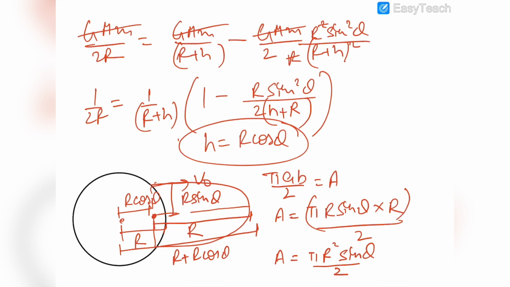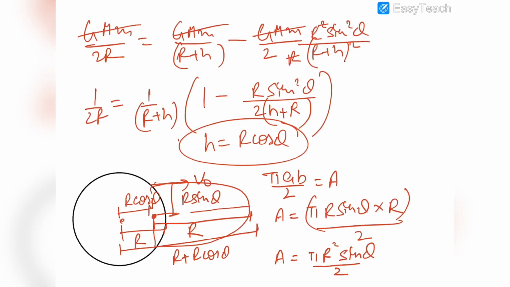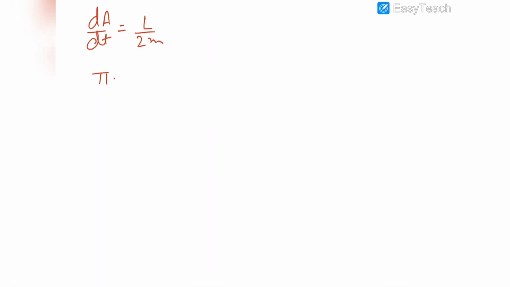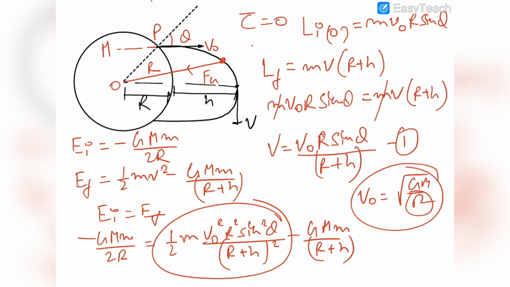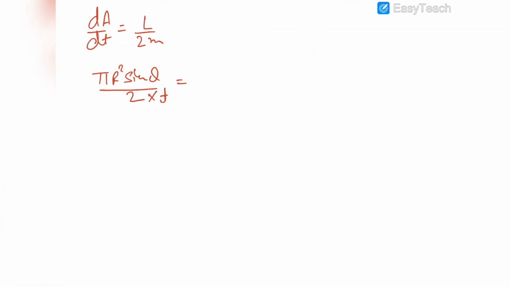We also know that the areal velocity dA by dt is constant and is equal to L by 2m. So dA by dt is the area covered upon time taken. So pi R square sin theta by 2 upon time taken t is equal to angular momentum L, which we have already calculated as m v naught R sin theta.